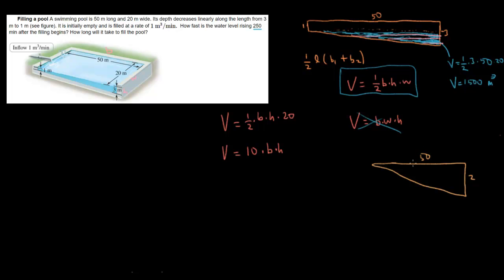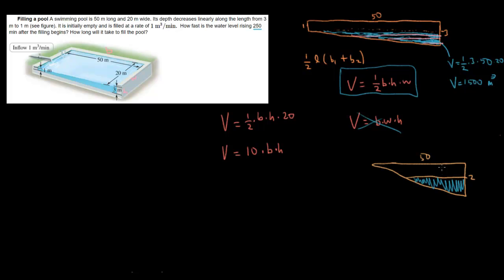Now let's say the water level is not yet to the top. So if the water level is not to the top, let's say it's right there. So let's draw some nice blue water in there. Well, now what can we say about this situation?